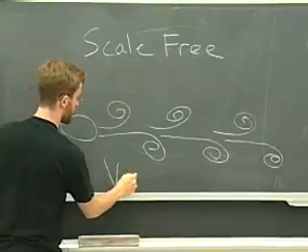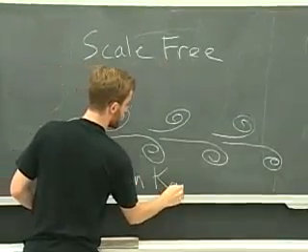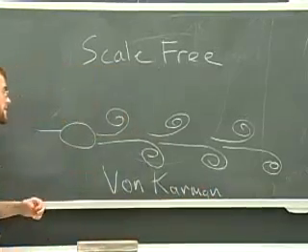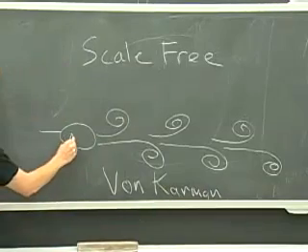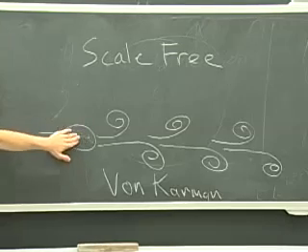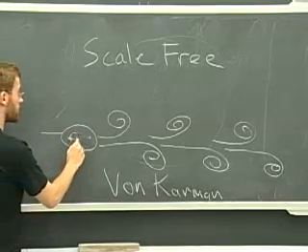I think it's von Karman. But there's so many beautiful pictures you can see in fluid dynamics and things like that, so this being mountain. Or I could equally erase this and say finger, right?